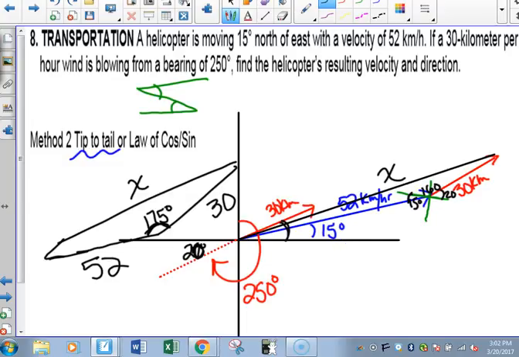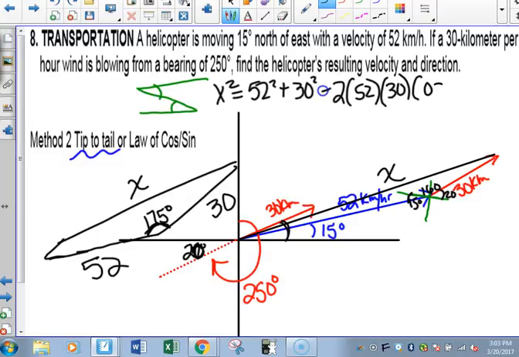Yeah. Okay. Now we're going to do law of cosines. I'm just going to use this picture over here because this one is a hot mess. So we're going to use 52 squared plus 30 squared, minus 2 times 52 times 30 times the cosine of 175, equals X squared. Type it, and square root at the end quickly.